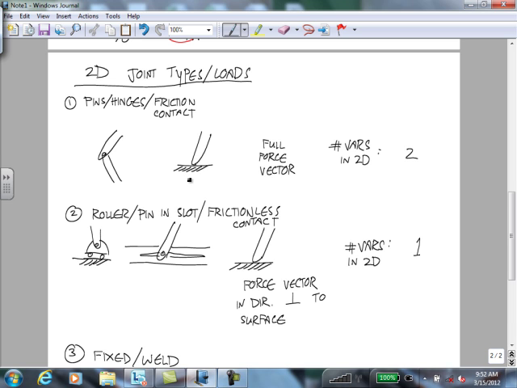So in the free body diagrams for member 1, you'll have a force vector.